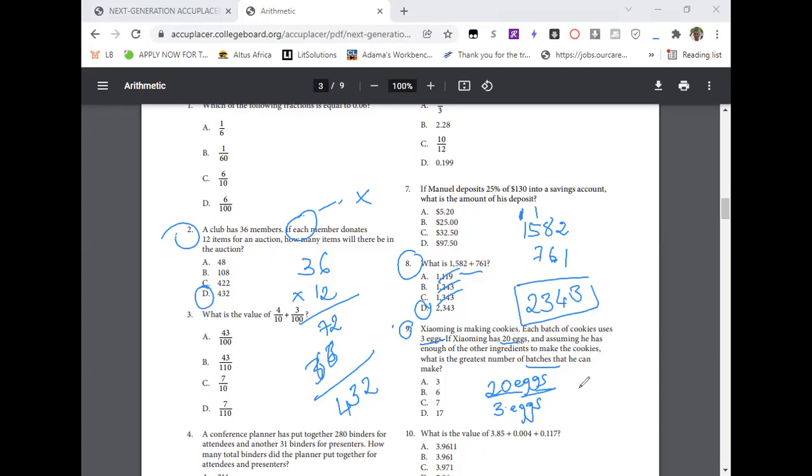But the ultimate method that you should use here is when you have each of something uses or is equivalent to something, just use this ratio. We said batch, okay, and eggs. So write it like this: 1 batch per 3 eggs, or if you will, 3 eggs per batch.